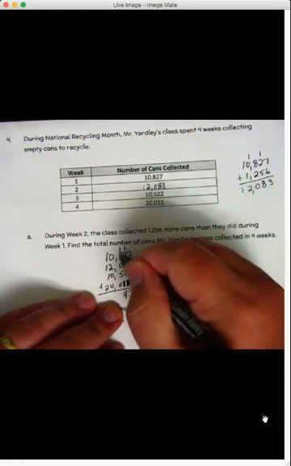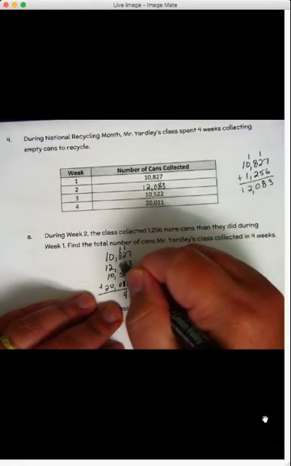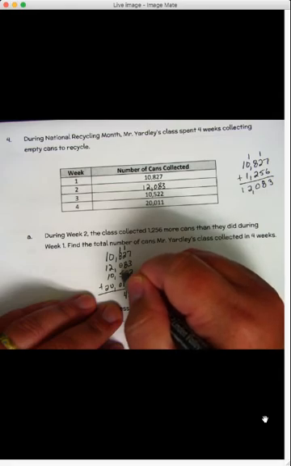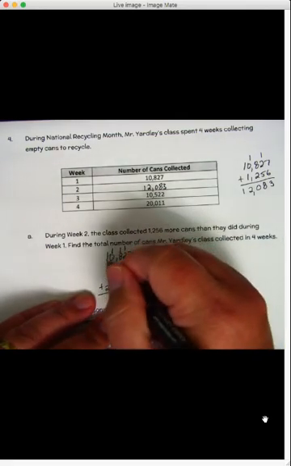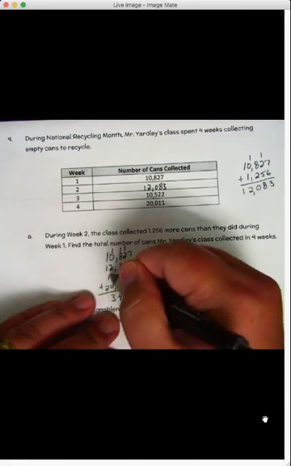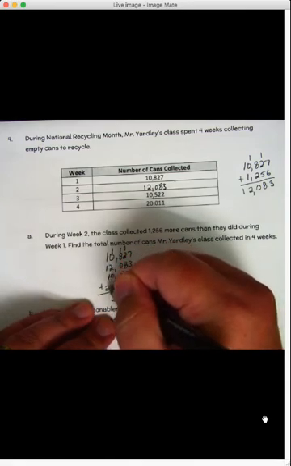1 plus 8 is 9, plus 0 is 9, plus 5 is 14, plus 0 is still 14. Put our 4 down, carry our 1 to the thousands place. 1 plus 0 is 1, plus 2 is 3, plus 0 is still 3, plus 0 is still 3. 1 plus 1 is 2, plus 1 is 3, plus 2 is 5.